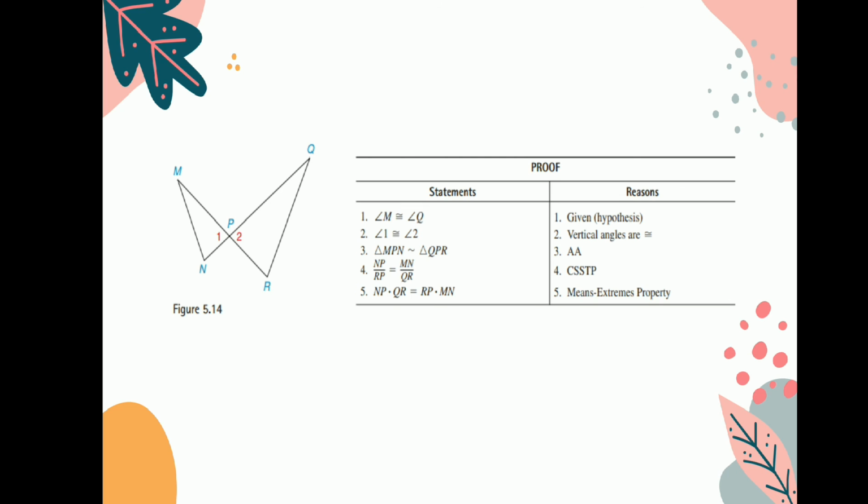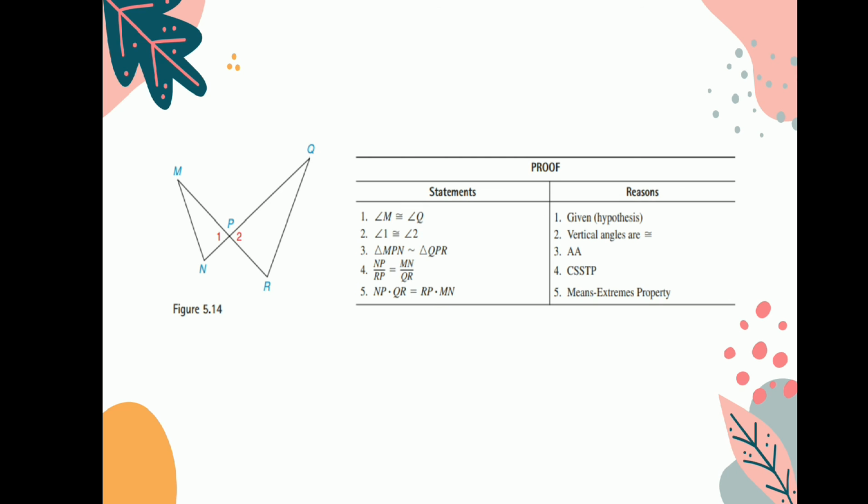The reason is that vertical angles are congruent. And statement 3, triangle MPN is similar with triangle QPR. The reason is AA.